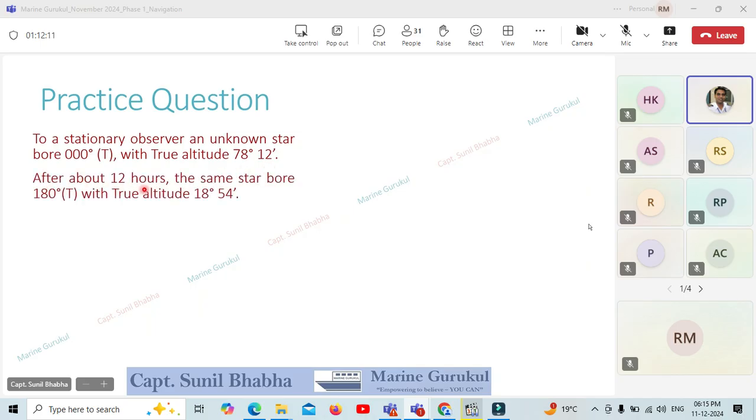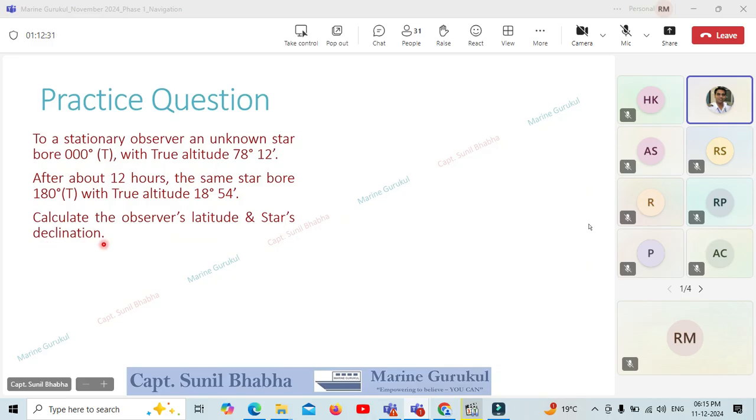After about 12 hours, the same star bore 180 true with a true altitude of 18 degrees 54 minutes. We have to calculate the observer's latitude and the star's declination.